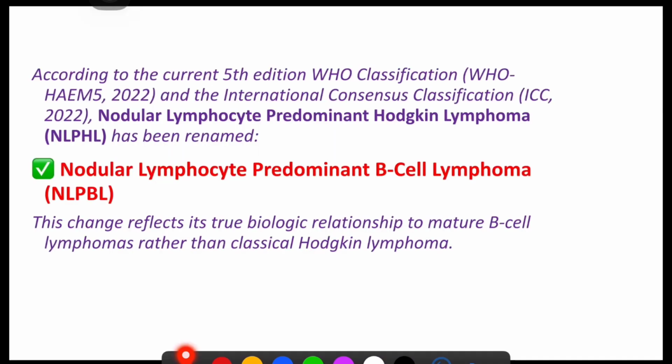Nodular lymphocytic predominant Hodgkin's lymphoma has been renamed NLPBL, nodular lymphocyte predominant B cell lymphoma, because it has a preserved B cell phenotype.